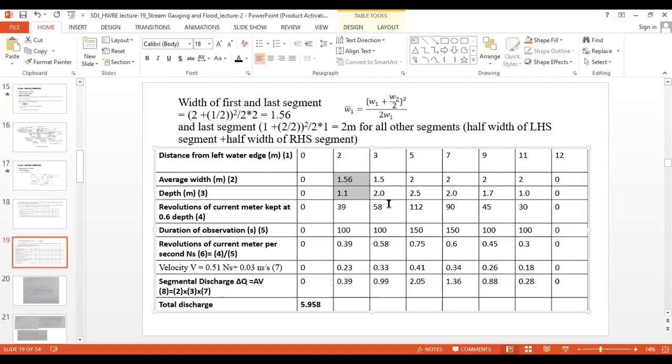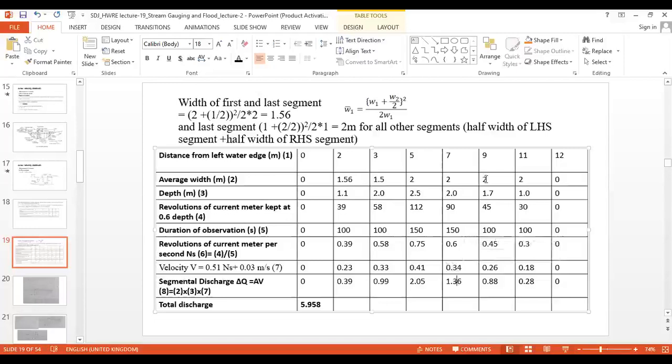So the next one will be now 1.5 into 2, this is the area, and the velocity is 0.33, it gives us a value of 0.99. Then next to that, 2 into 2.5 into the velocity 0.41 gives us a value of 2.05. Then 2 into 2, that is 4, into 0.34, that is 1.36. I did a rounding, 2 digits rounding, over here.